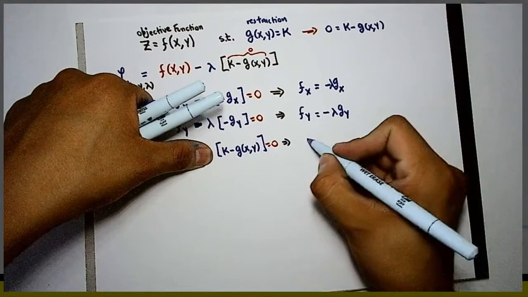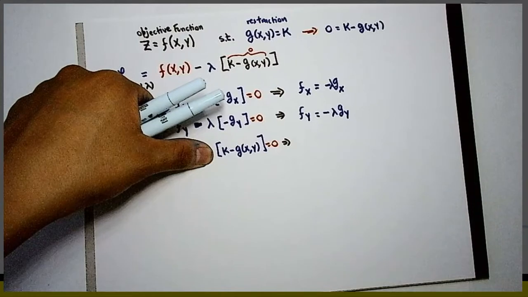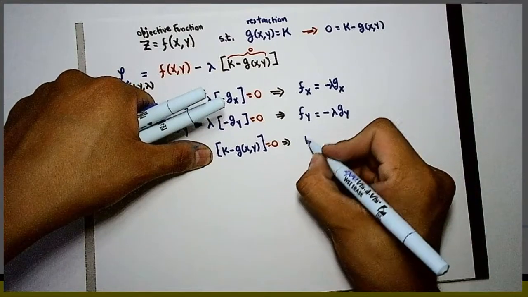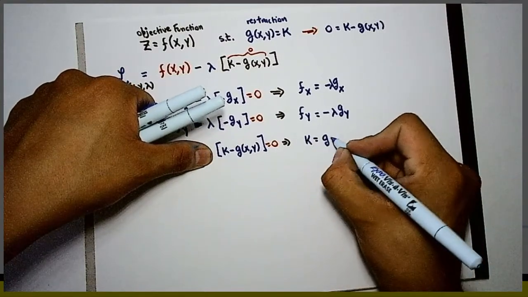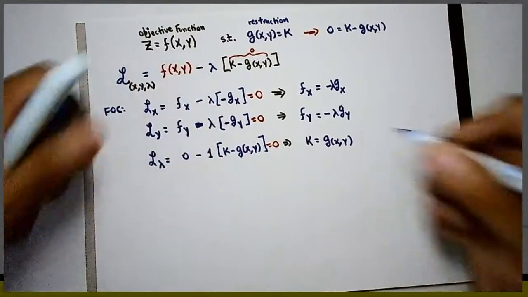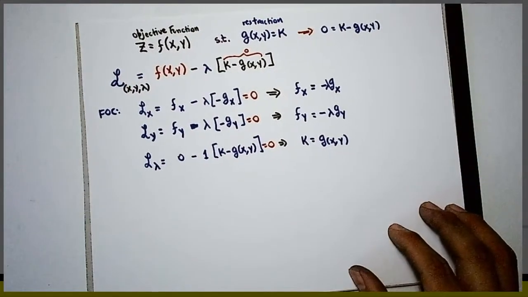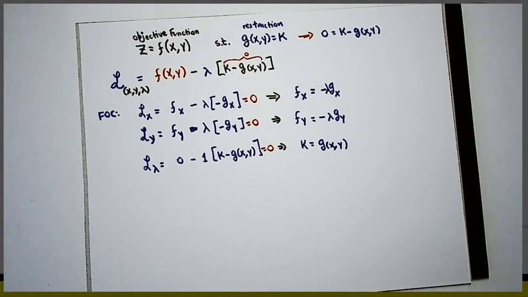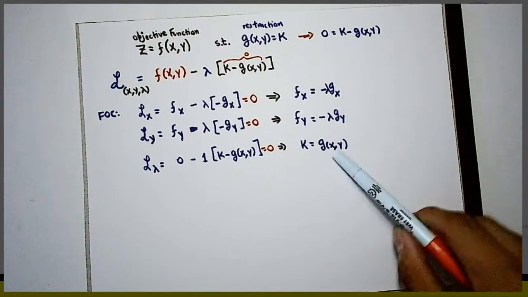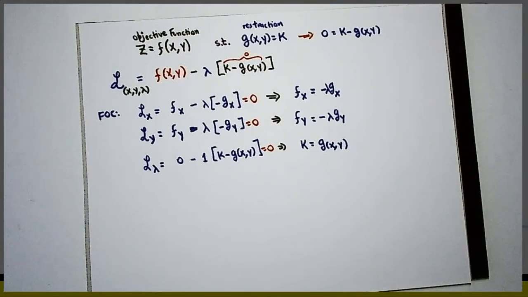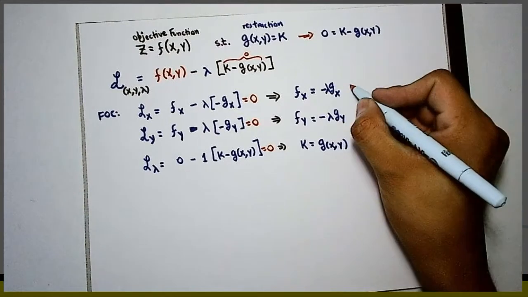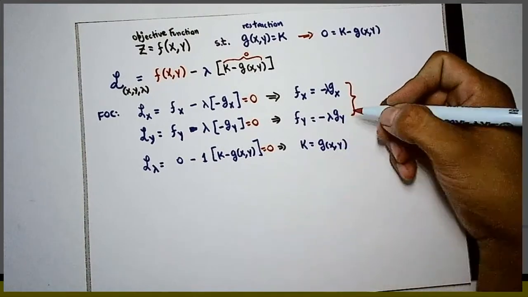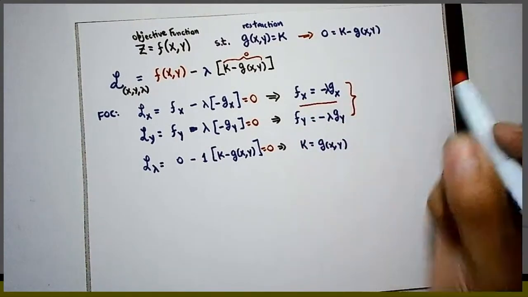And continuing with this, you will notice that we will obtain the original restriction. Notice that when the restriction is an equation, this always happens. So here we have the 3 equations. Then from these 2, if we divide them, notice what happens.